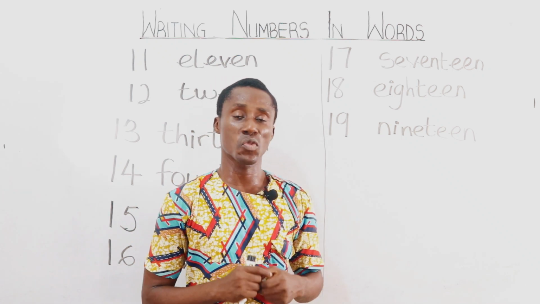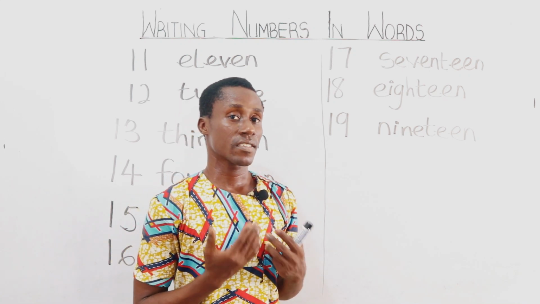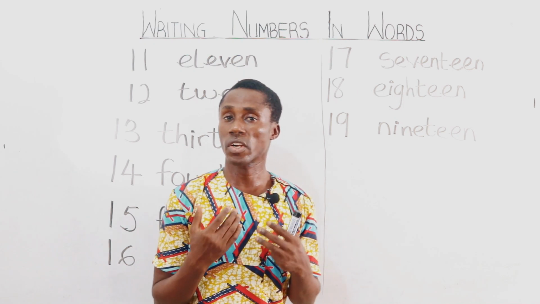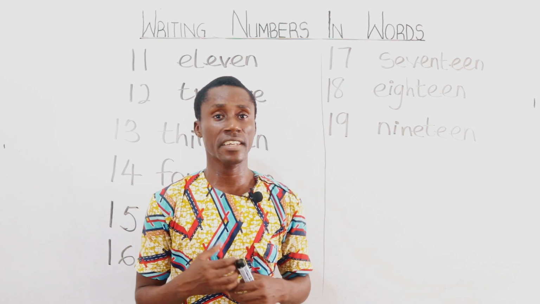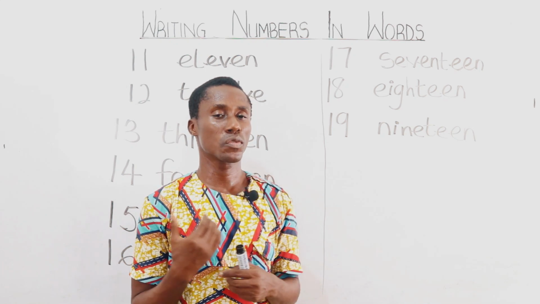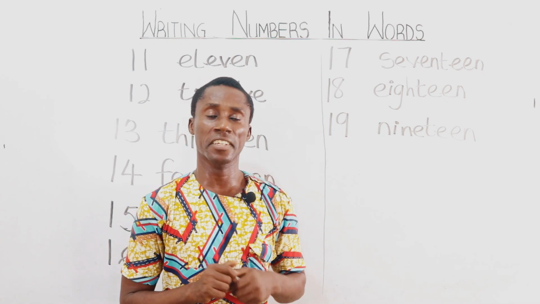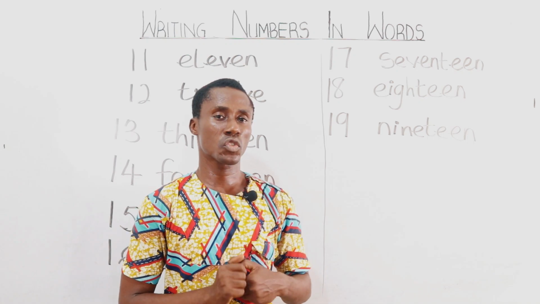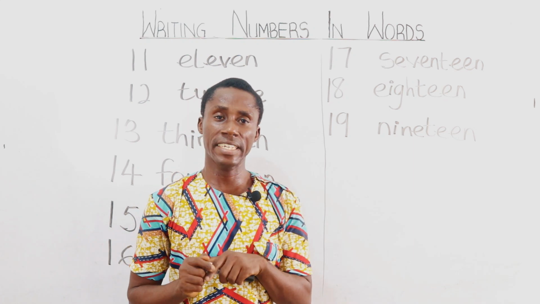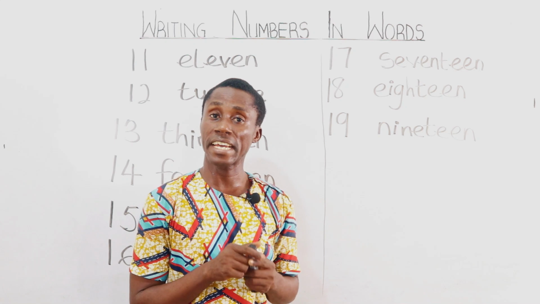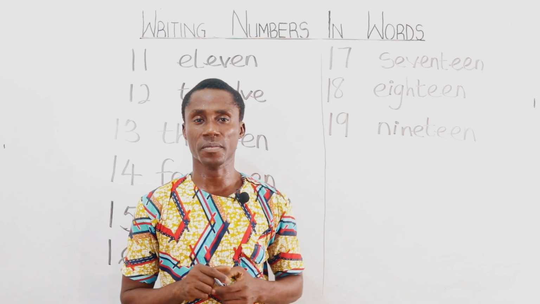Well, we have also learned how to write 20. So we are jumping to 21 to 29, 31 to 39, 41 to 49, 51 to 59, 61 to 69, 71 to 79, 81 to 89, and then 91 to 99.